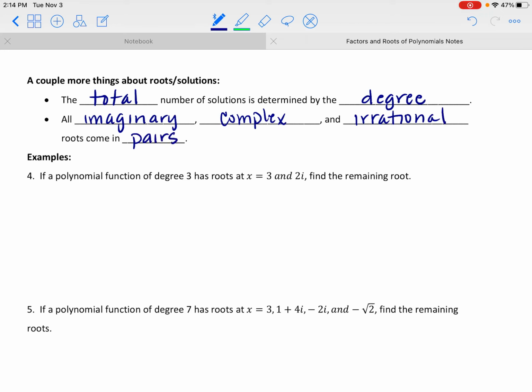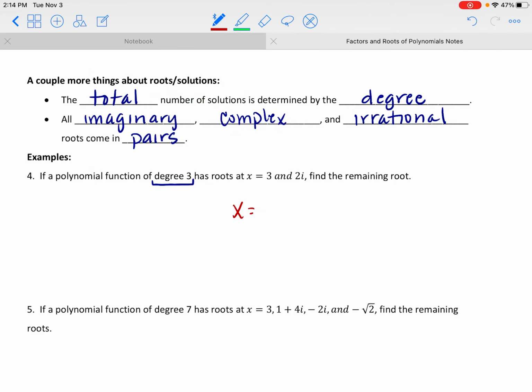Okay? So for example, on number 4, if a polynomial of degree 3, that's important, that tells us 3 solutions, has roots or solutions of x equals 3 and then 2i, what does the remaining root have to be?